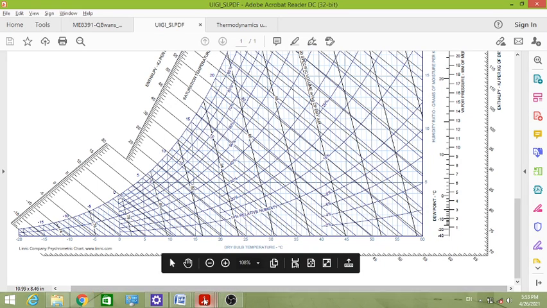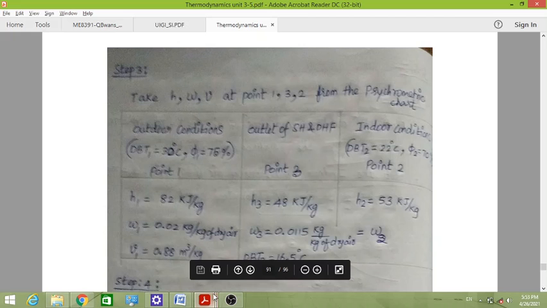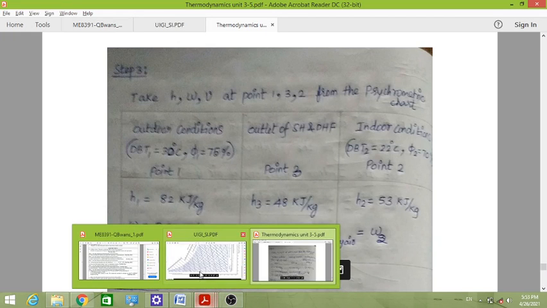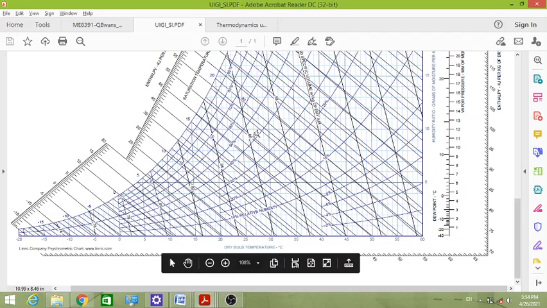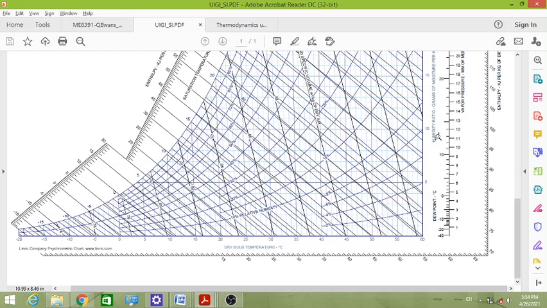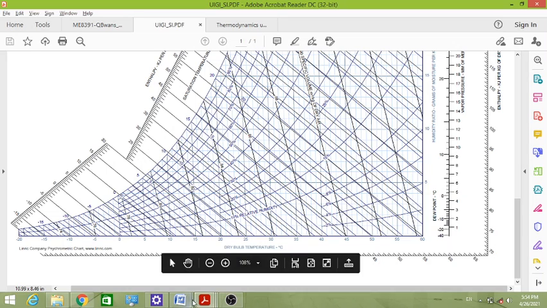In the same manner, whatever we need, W value and v value, everything can be obtained from this psychrometric chart. For the W value, if this is the point, go to this right extreme line, then you can get the W value. And if you identify these vertical slant lines, you can get the small v value.